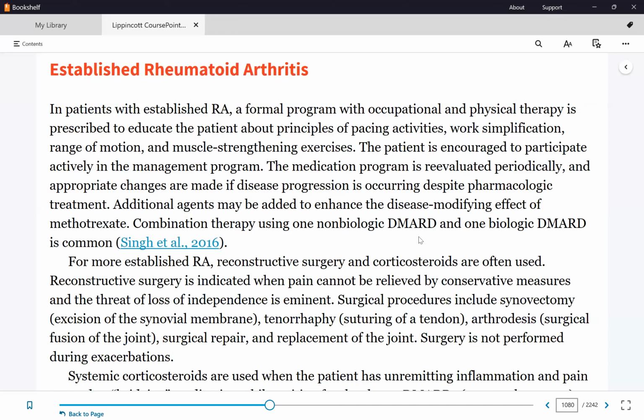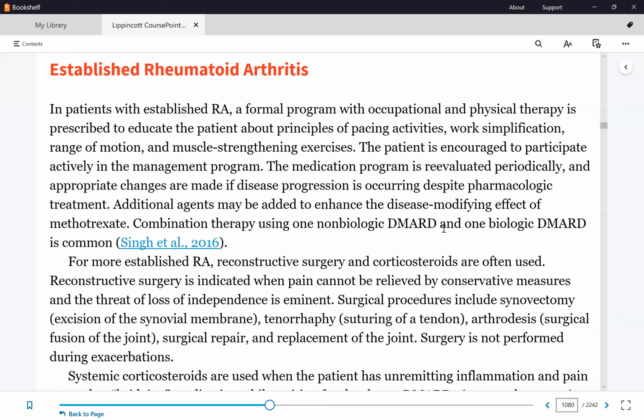All right, so what if the patient's had RA for a long time? Okay, so now these are our options. So in addition to non-pharmacologic, because the disease is now progressing. After years of trying to keep it from worsening, now it's full blown. So now we almost exclusively use combination drugs.